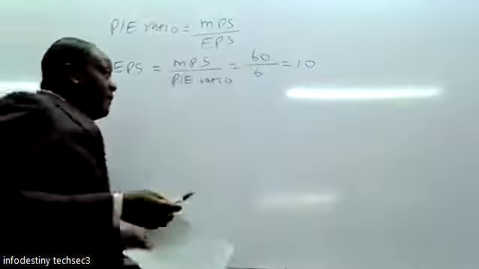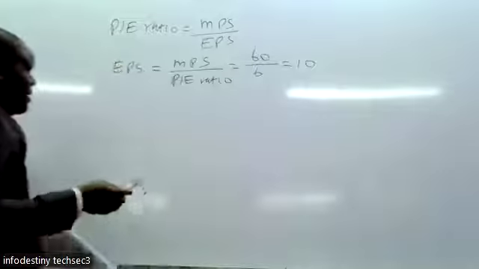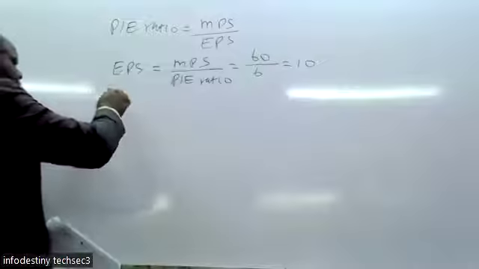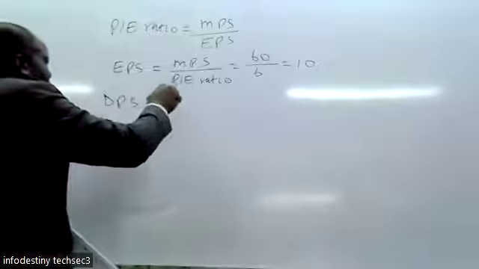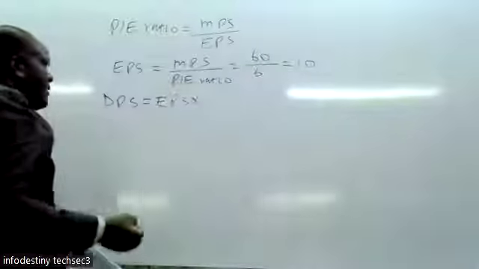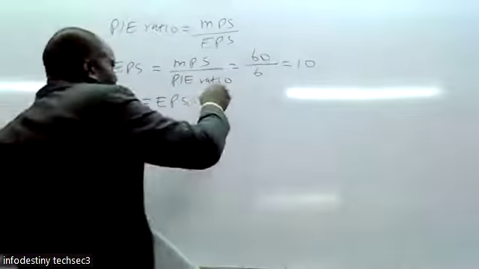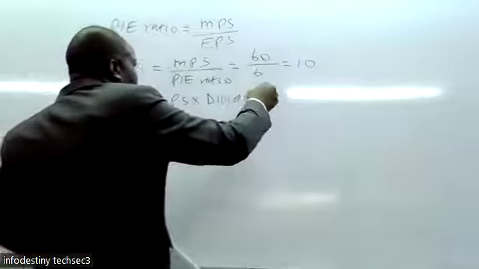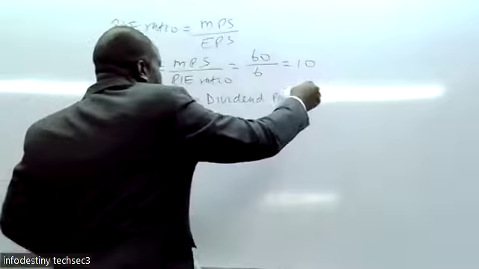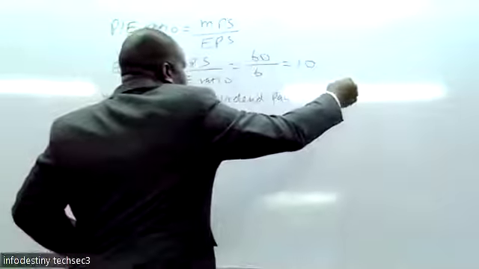Then after that, you should come up with dividend per share. It is earnings per share multiplied by dividend payout ratio.